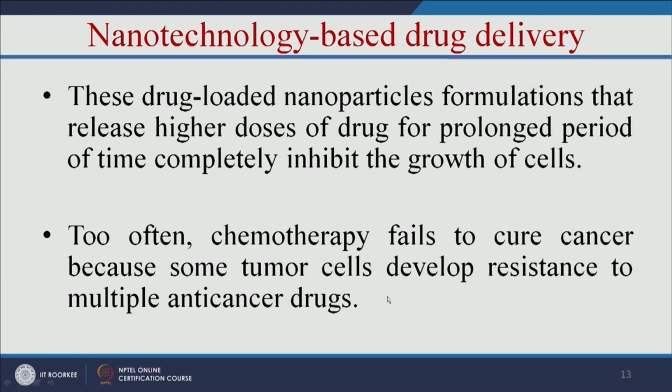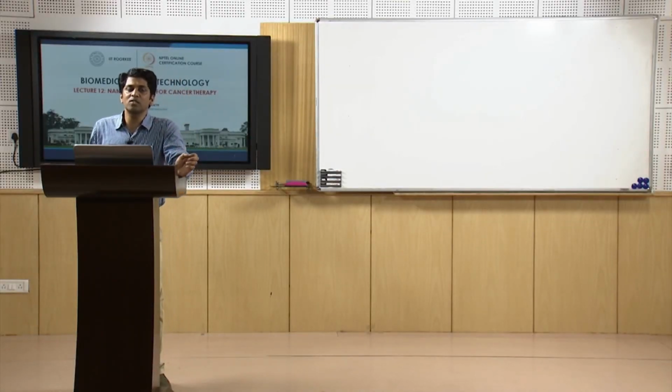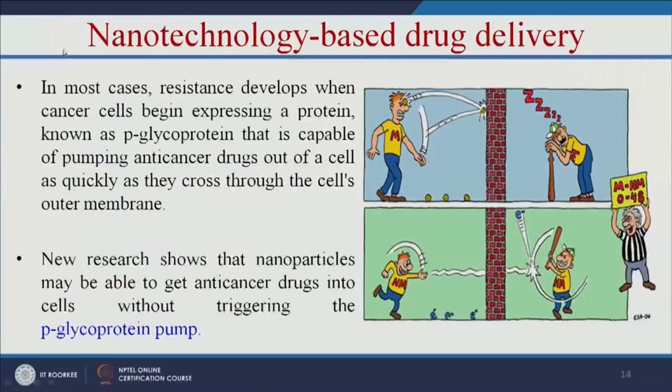And again, chemotherapy mostly fails due to development of resistance to multiple anti-cancer drugs. That is the major reason most cancer chemotherapy fails, because the cancer cells become resistant to the various anti-cancer drugs. In most cases the resistance develops when the cancer cell begins to express a protein known as P-glycoprotein. This P-glycoprotein is capable of pumping anti-cancer drugs out of a cell as quickly as they cross through the cell's outer membrane.